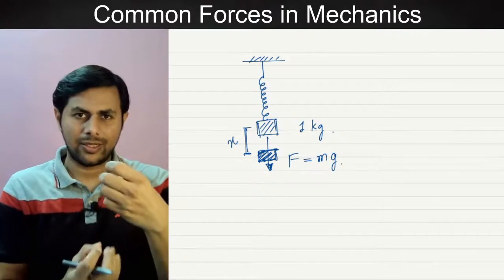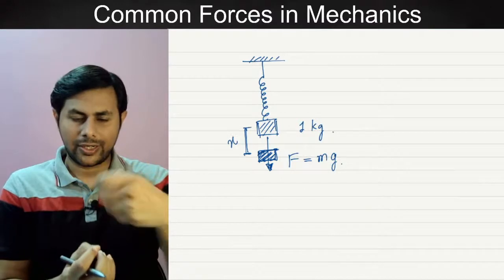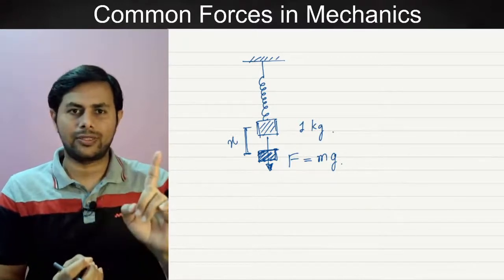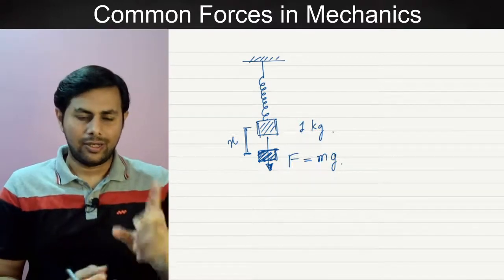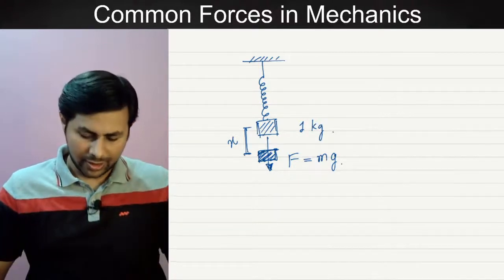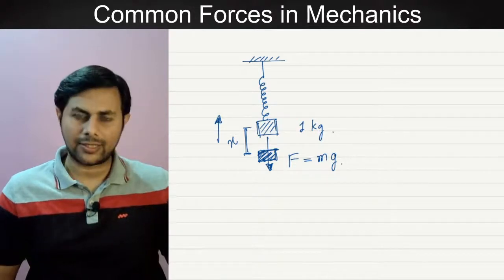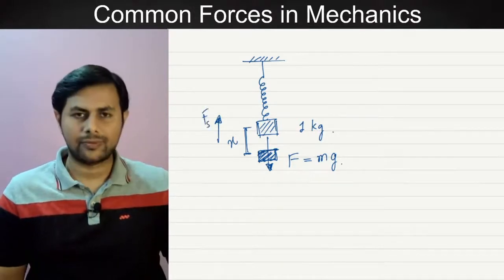Okay, so when this block, or this mass, comes to equilibrium, what happens when gravitational force acts on this mass? The spring gets stretched, and there is a restoring force generated in the spring, and the elongation will continue till this restoring force, which acts upwards, balances the gravitational force.